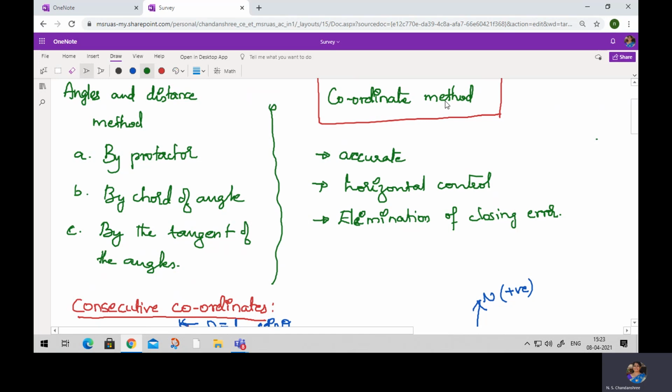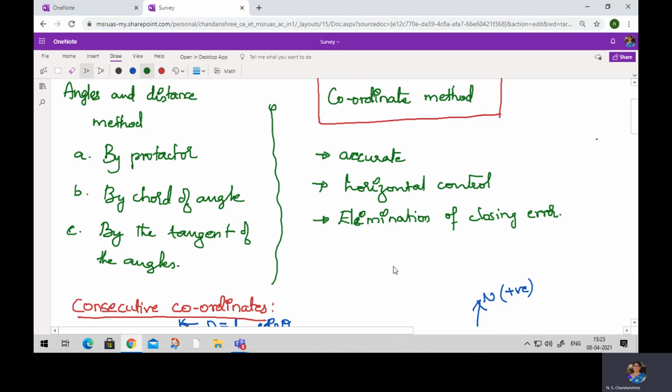The second method is the coordinate method. In this coordinate method, the survey stations are plotted by calculating their coordinates. This method is by far the most practical and accurate one for plotting the traverse. When compared to other systems, we get more horizontal control in this system.